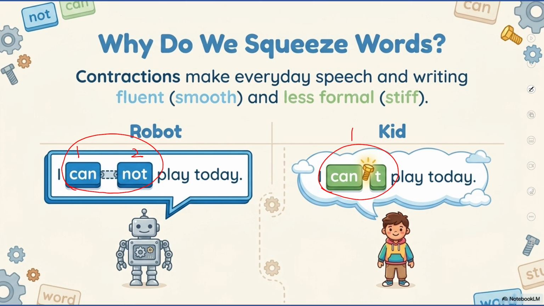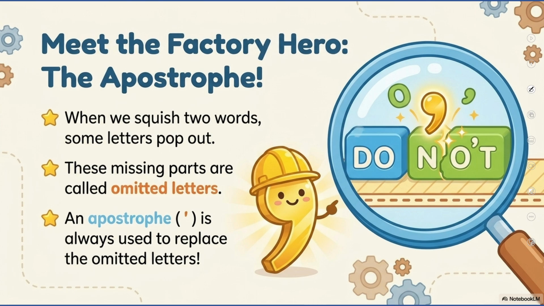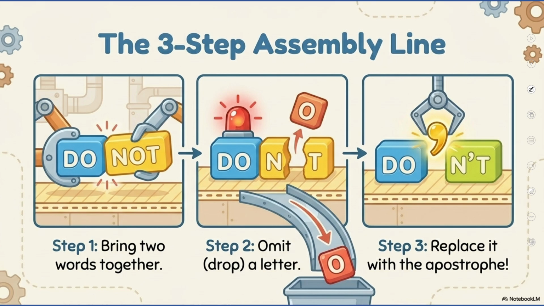So don't get worried, we will be learning how to make a new contracted form. To make a new contracted form, we need an apostrophe. Remember, we have used the apostrophe in possession as well. So the apostrophe is used in contraction as well. So how do we do it?